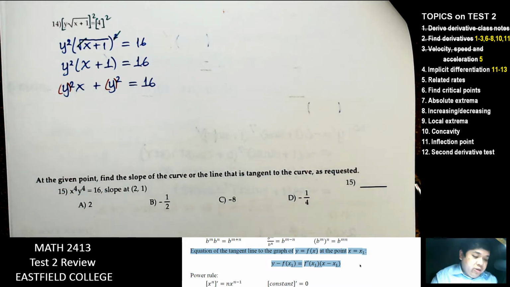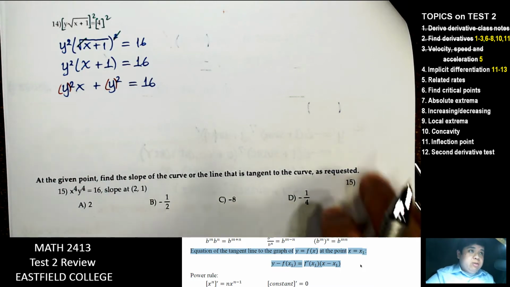So I have an equation of tangent line. We start with, that is the first thing we start with.